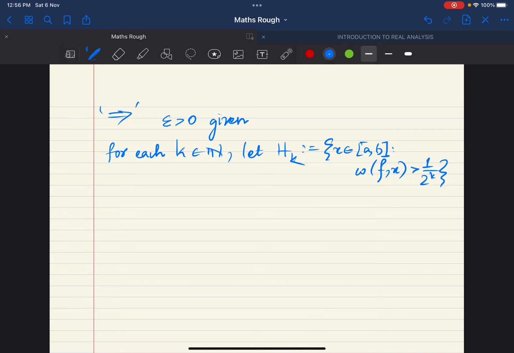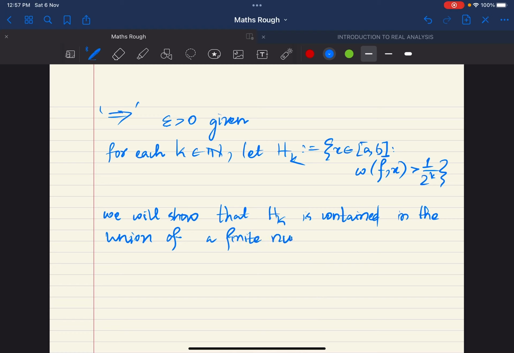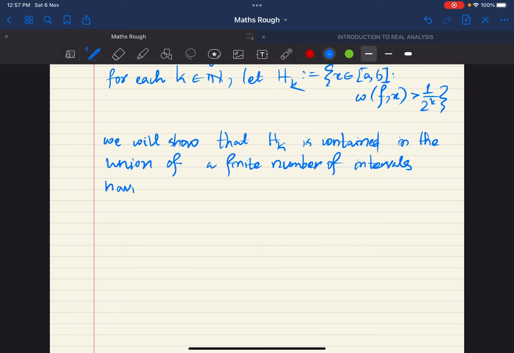We will eventually show that h of k is contained in the union of a finite number of intervals having total length less than epsilon by 2k.